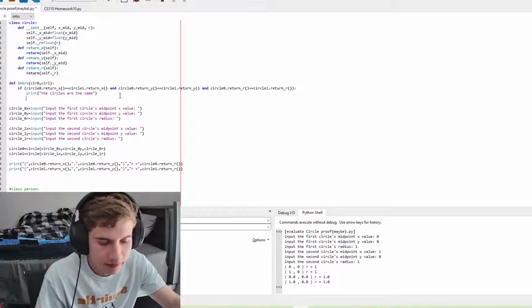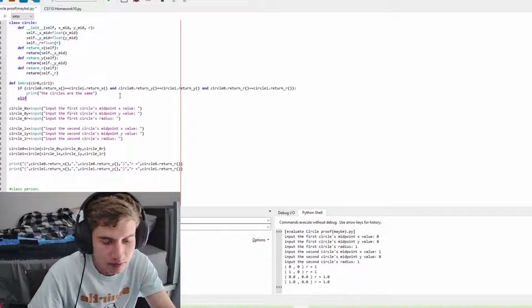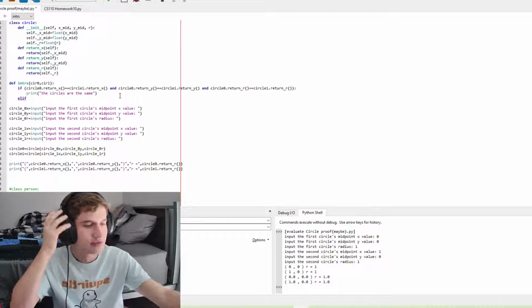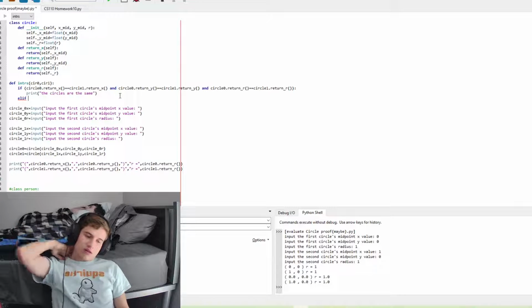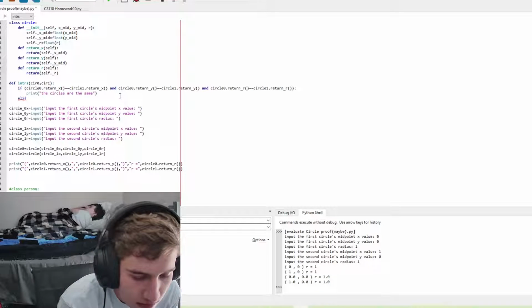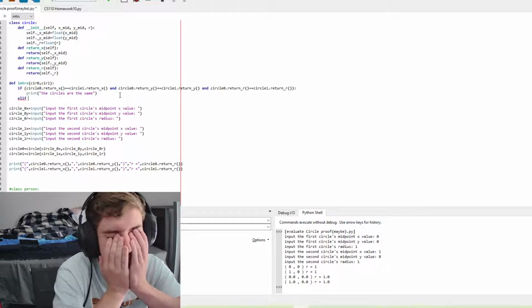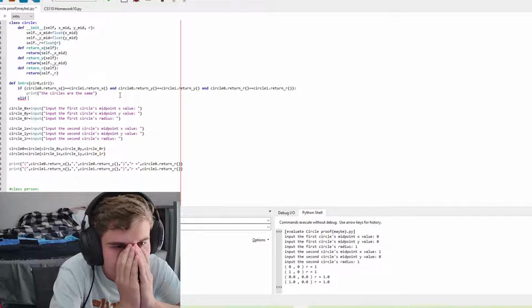Okay, so if that is not true, I'm going to check to see if the circles aren't touching. I think it's going to be harder to do. It is really hard to do.